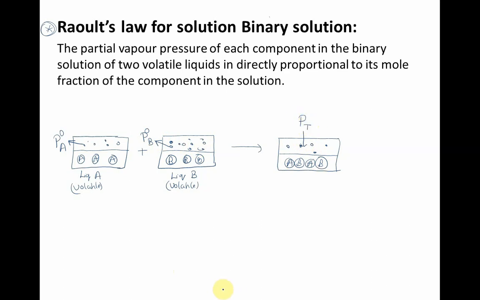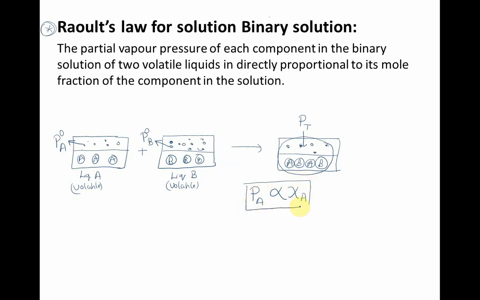Now, in this solution, I need to find out the partial vapor pressure of A and B. With respect to A, if I explain, the partial pressure of A in a binary solution, the vapor pressure created by the component A is directly proportional to its mole fraction.